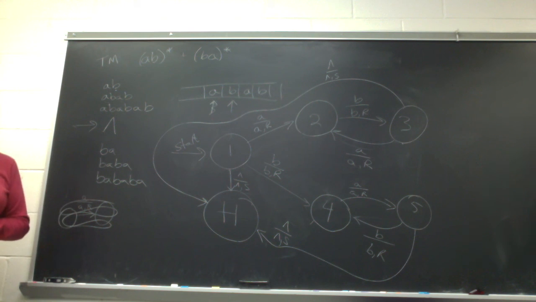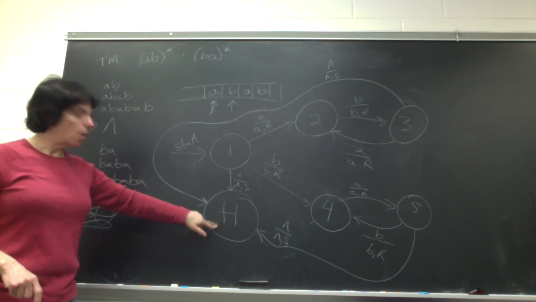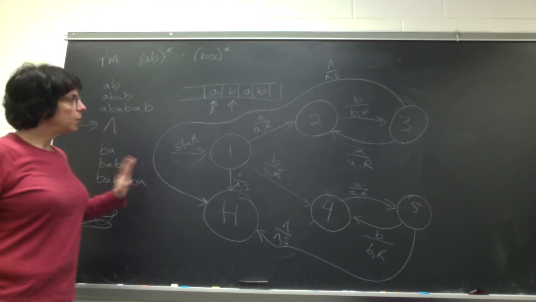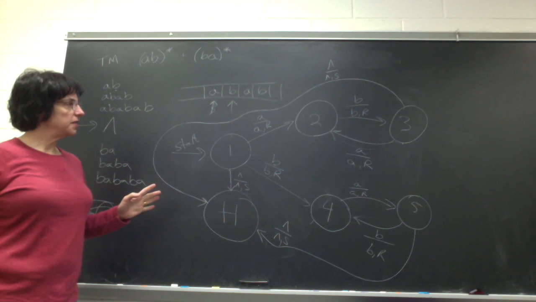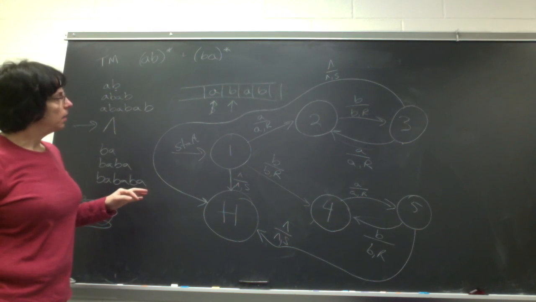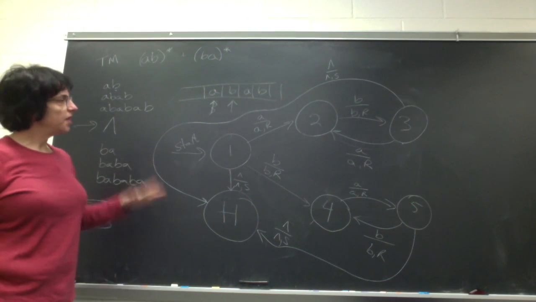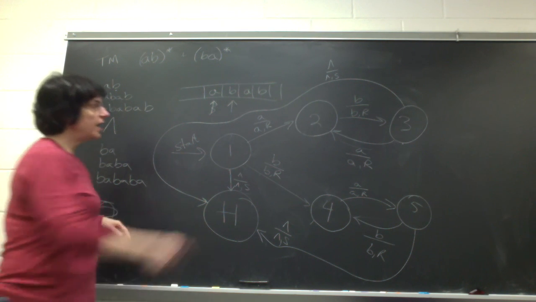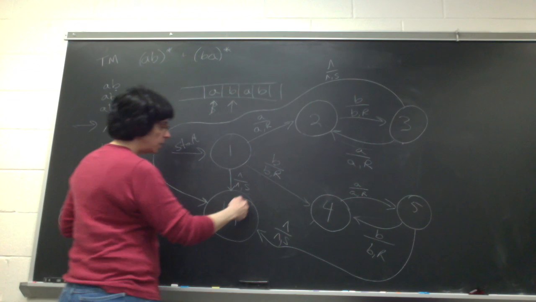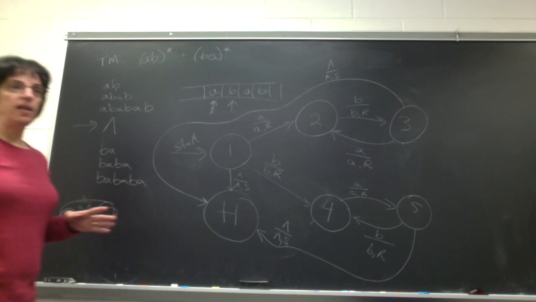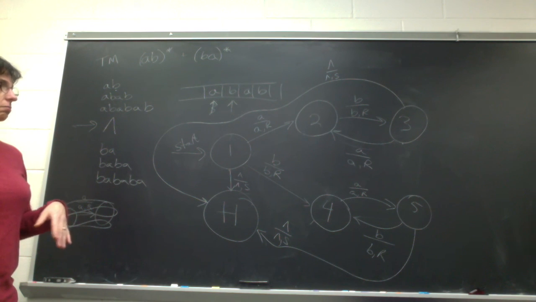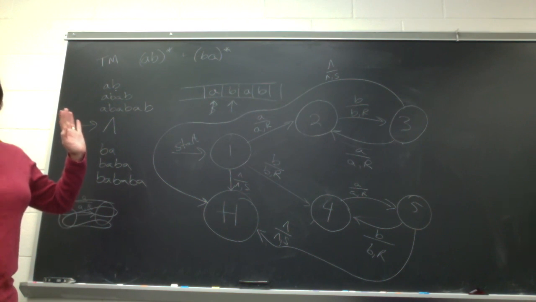Number one, remember that the halt state is it. If you get to the halt state, like if we wanted to accept all strings that start with an A and then have whatever we want in them, we could have an arrow from 2 to H. That says no matter what you see on the tape, write an X and stay put.